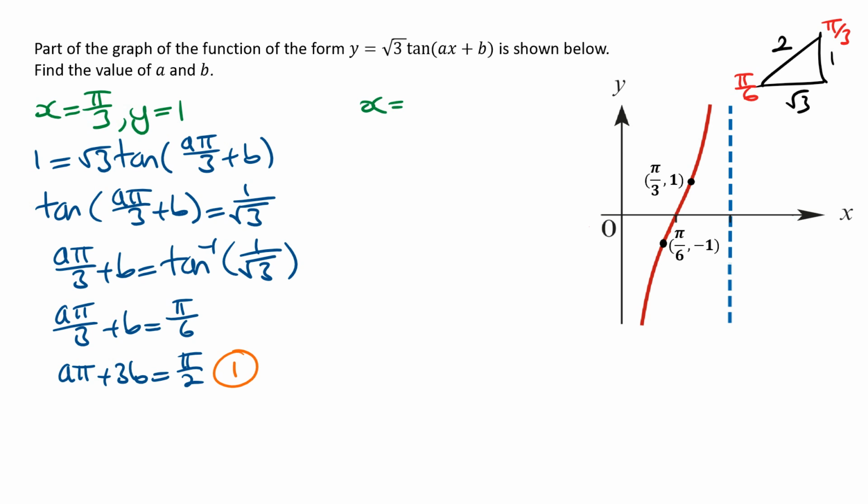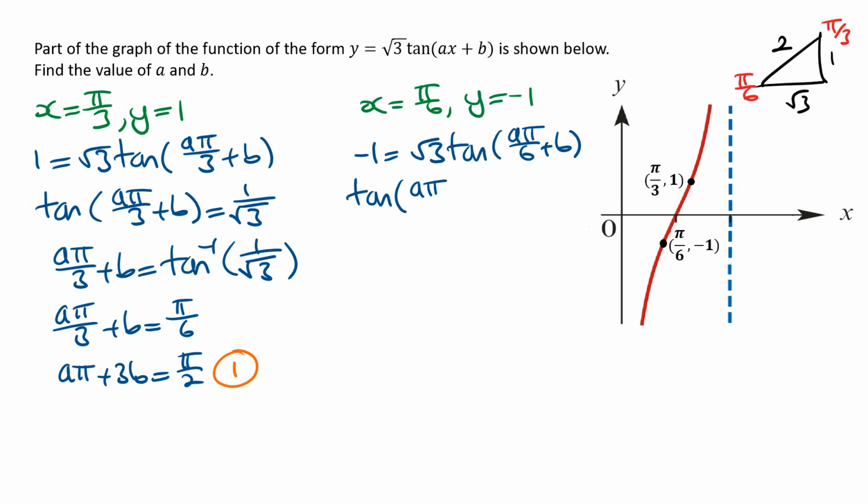When x is equal to pi on 6, then y is equal to minus 1. And so subbing this into the rule, we're going to get minus 1 is equal to the square root of 3 times the tan of (a times pi on 6 plus b). And so rearranging this, we're going to get the tan of (a pi on 6 plus b) is equal to minus 1 on root 3.